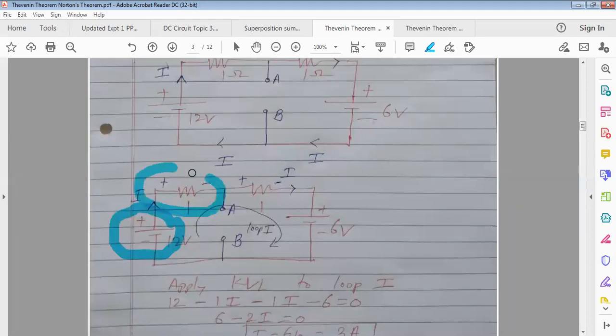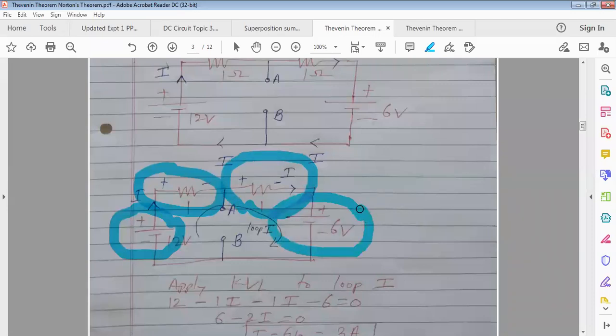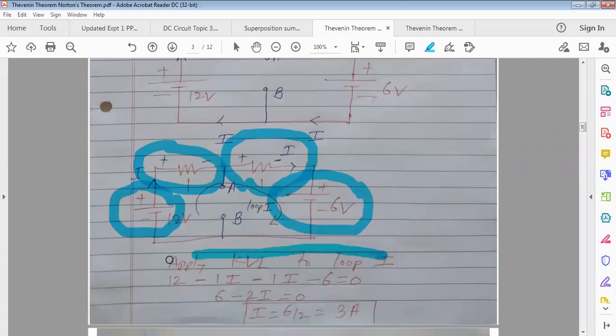What about 1 times I? Minus. What about next 1 times I? Minus. And what about 6 volt? Minus. Isn't it equal to 0? So simplified, you will get the value of I as 3 ampere. Now we got value of current 3 ampere.